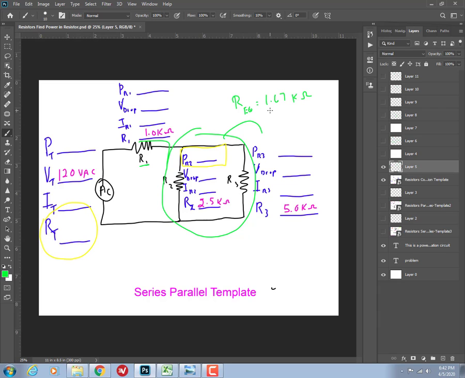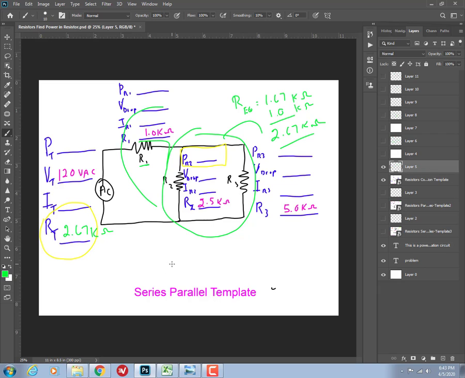So 1.0 K ohm makes 2.67 K ohm, and that's combining all three. And so that would be our total, 2.67 K ohms.